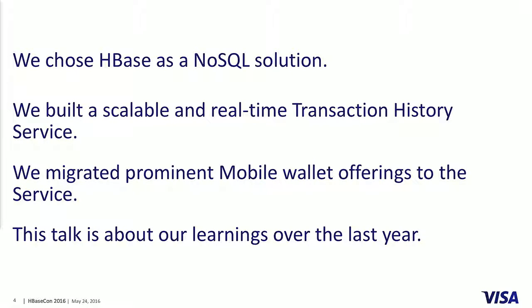And this is happening right now. If you are actually using any of our mobile offerings in which the Visa card is in there, you're actually using HBase. And that is a pretty big scale. Unfortunately, I cannot give you any numbers about our scale. That's a legal requirement. But you can pretty much understand that it is happening at quite a large scale.